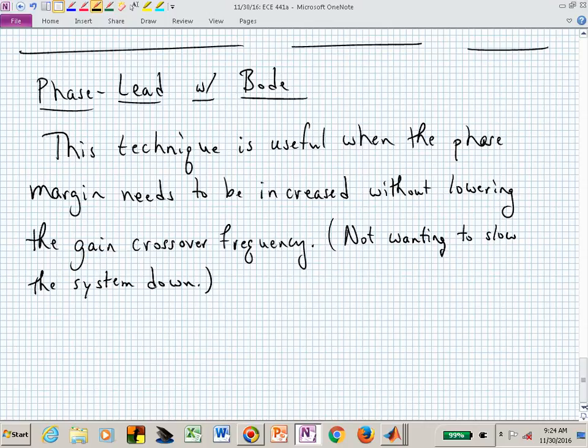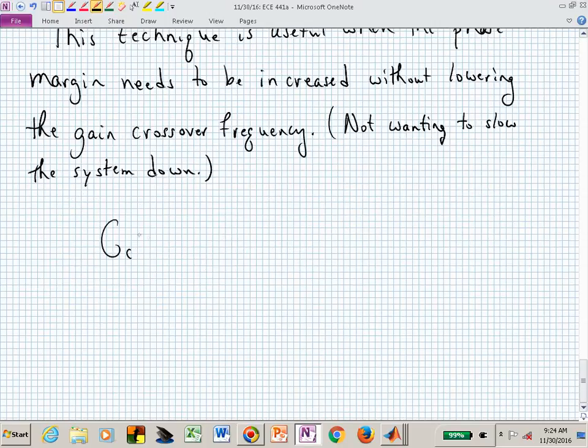The transfer function looks very similar to what we've had before with the phase lag. It's just now our zero is closer to the origin than our pole, and so its time constant is longer, that's the alpha tau, than the pole's.